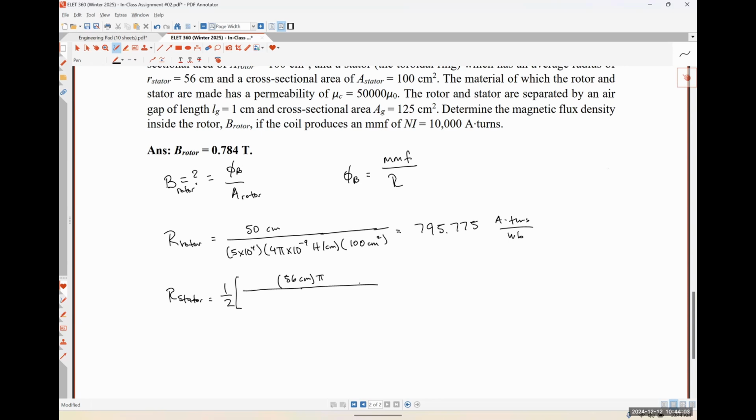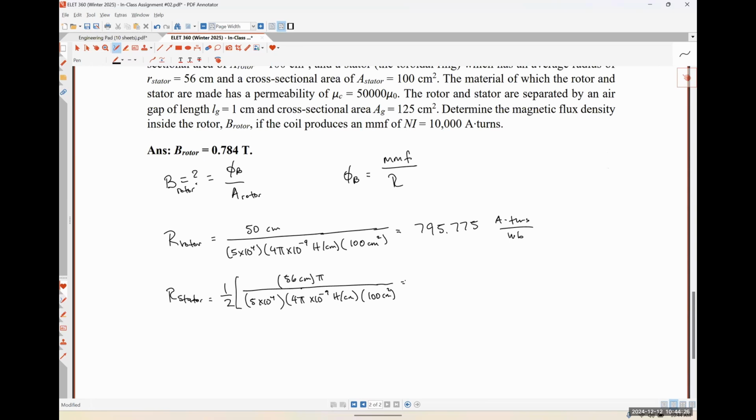Our permeability is the same as it was for the rotor, because it seems like the stator and the rotor were made of the same material, which is fairly common. So 5 times 10 to the 4, 4 pi times 10 to the minus 9. The area of the stator is also 100 centimeters squared.